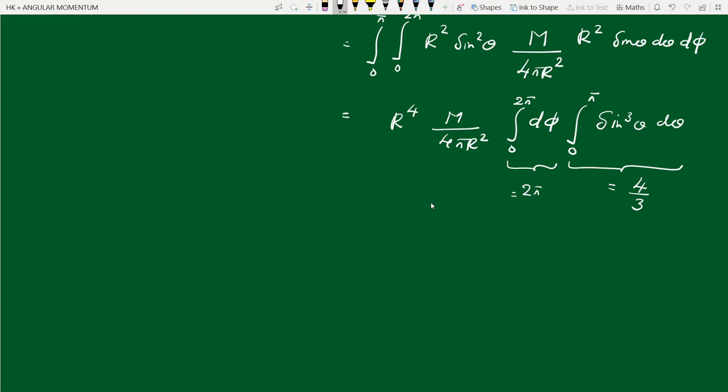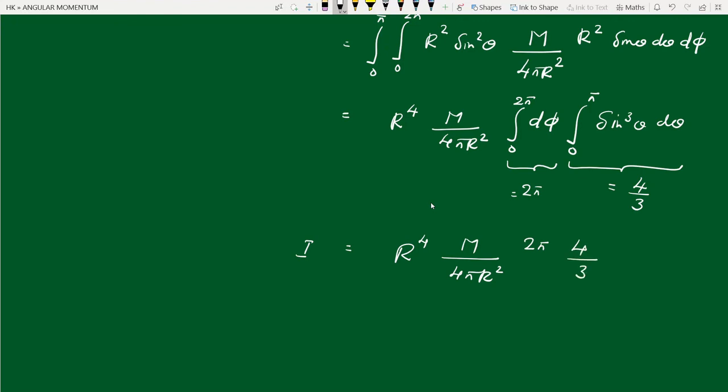So what is the moment of inertia of the spherical shell? Let us sum up all these things. M by 4 pi R squared. Here you have 2 pi from the integral over phi, and from the integral over theta you have 4 by 3.